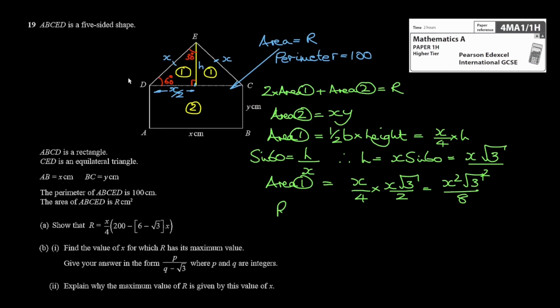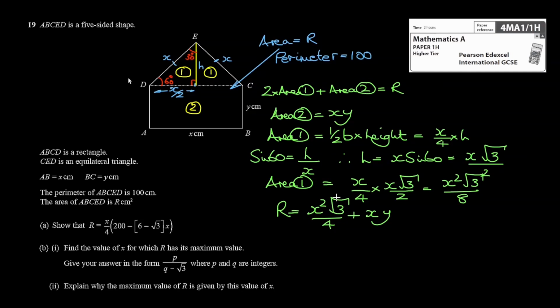R is equal to twice area 1, so this is x squared root 3 over 4, because we've got 2 of these area 1s, plus area 2, which is xy. How are we doing? Well, we've got various bits appearing, but not quite right.